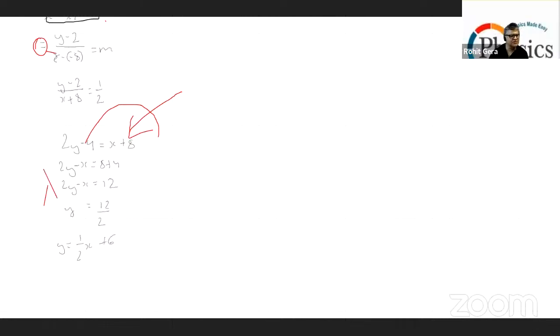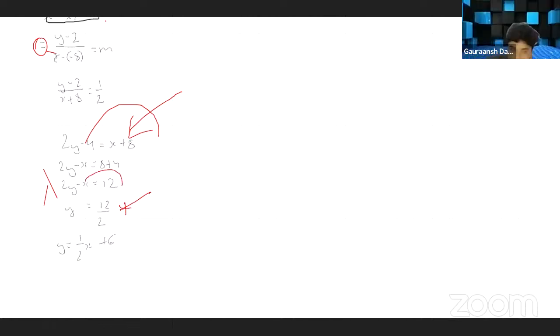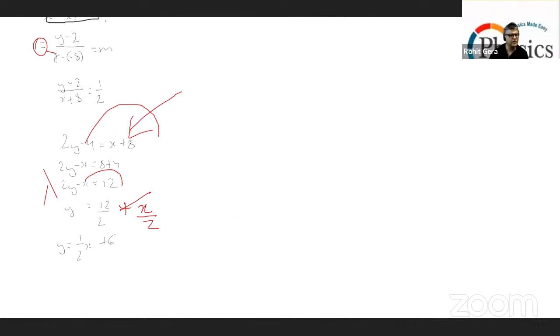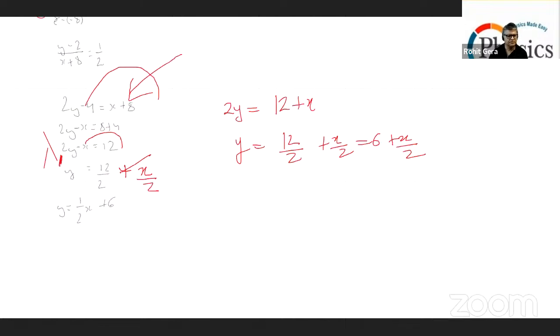Where did the x go? Oh, sorry, that's corrected. It was 2, you have to bring it under both. Okay, so now do this question.